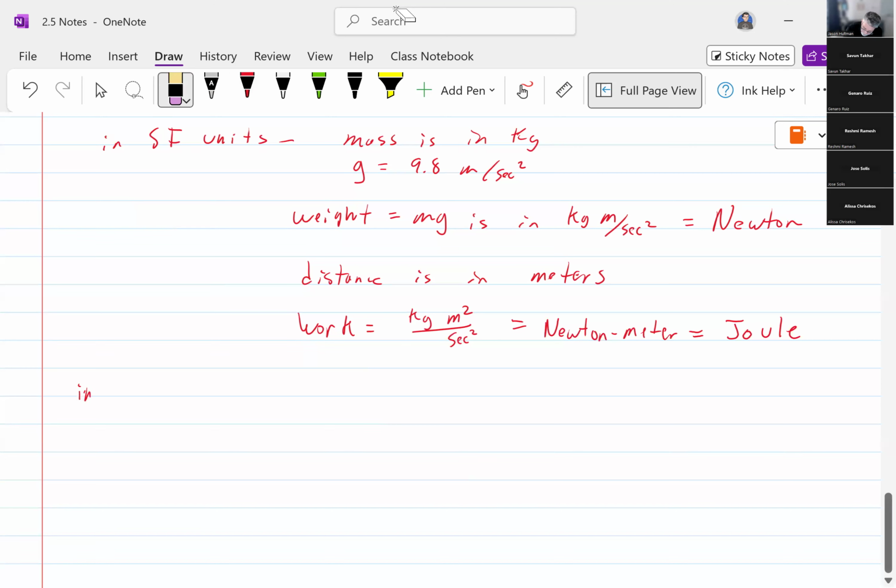In imperial units, like in the United States, because we like to be different than everybody else, mass is in pounds mass.